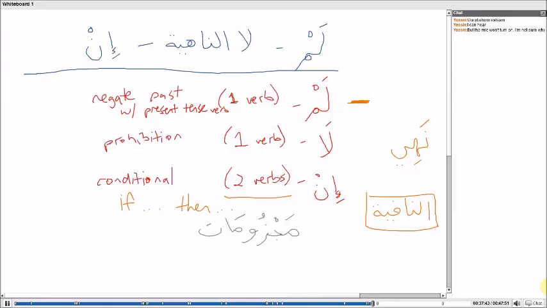It makes it majzoom. So we have three things which make the fi'l mudari majzoom and four things which make it mansoob. Other than that, it's going to be marfu'.